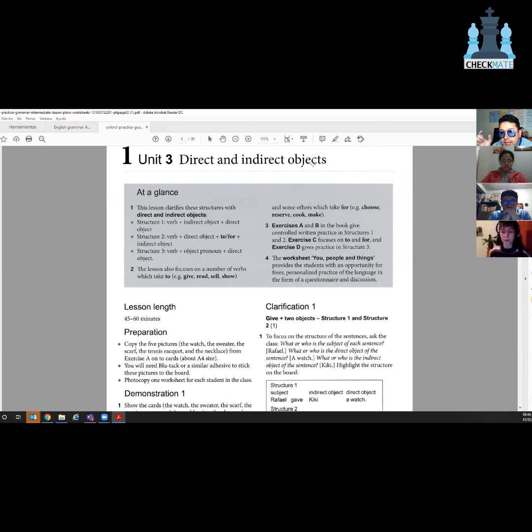Chinese gave me a piece of cake in her house. Okay? The direct object is the piece of cake, because she gave me the piece of cake. But the indirect object is in the house because it gives more information about where the action and the object were given. Okay?